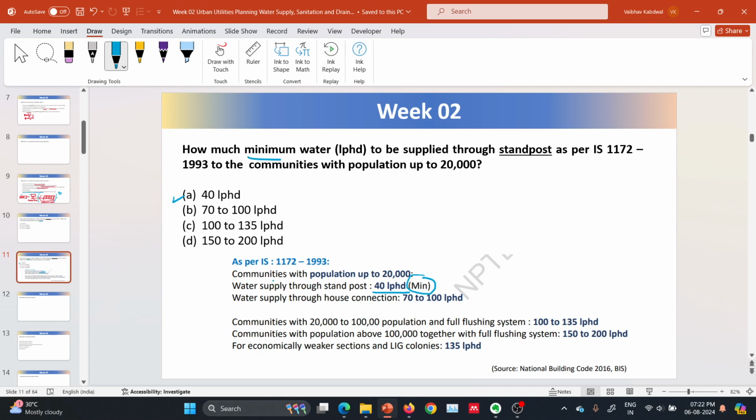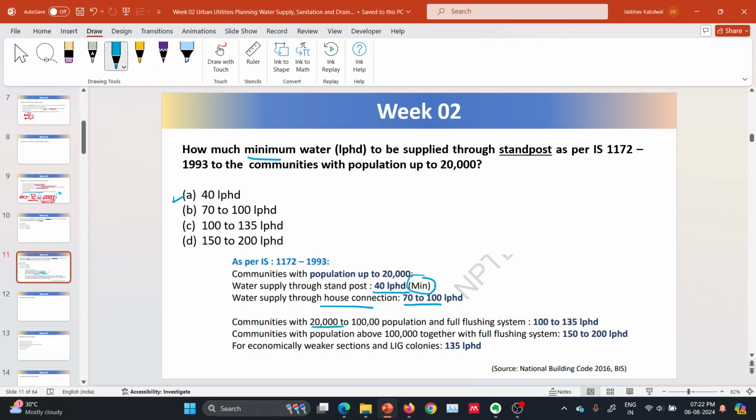It can be more also. And we can see some other examples here. So water supply through house connections. House connections means the connections are provided in the house. Means inside the house you will have a water connection. So this will be 70 to 100 liter per capita per day or liter per head per day.